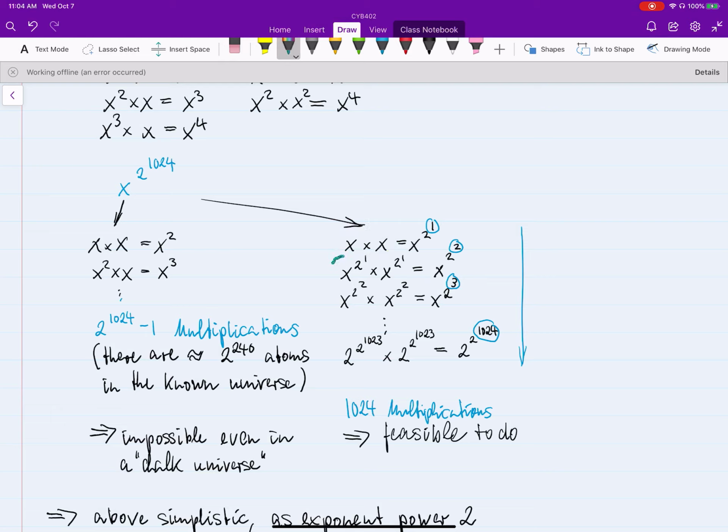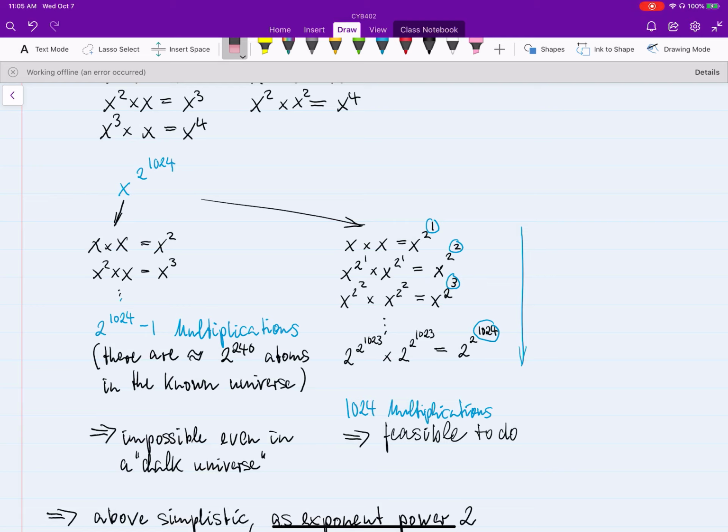So now we multiply x to the 2 times x to the 2, which is, at the exponent level, twice that exponent. So which is x to the 2 to the 2. Okay.